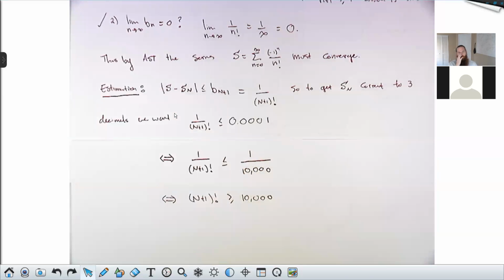But now we run into a problem. There's no nice way to undo the factorial function. If I'm trying to solve this inequality for n, normally we would want to get n alone, which would mean undoing the factorial. But there is no nice inverse to the factorial operation. It's a complicated operation, and we don't know a nice way to undo it. So from here, we're going to have to employ a little bit of guess and check.